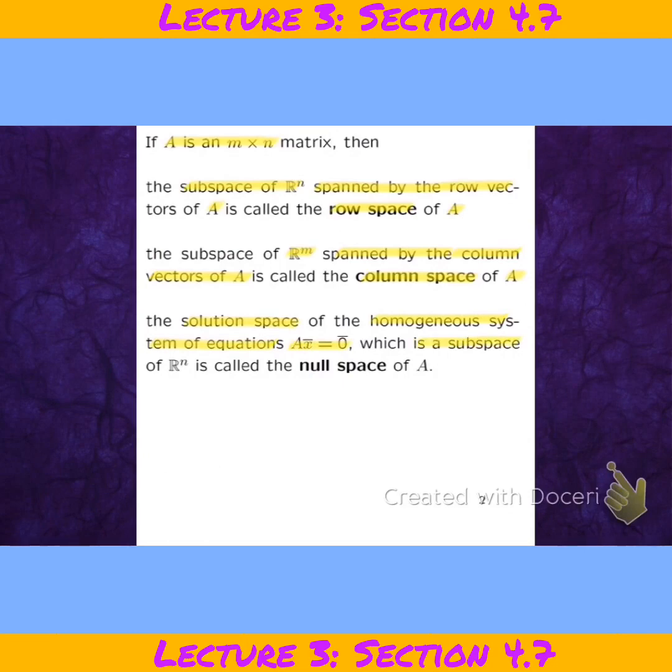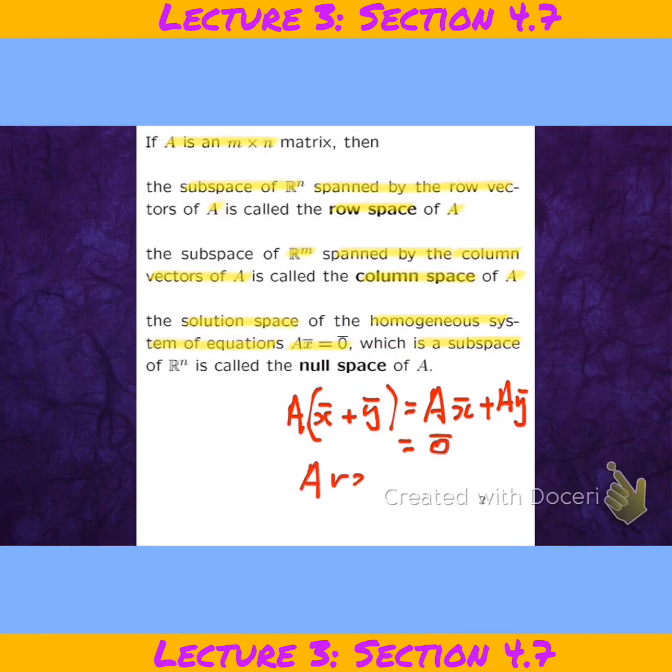Remember, we established that it's a subspace because if you take any two solutions to the homogeneous linear system and sum them together, you get A x bar plus A y bar, and that's just going to be the zero vector. Also, any scalar multiple of a solution is also a solution to the homogeneous linear system. That is according to our vector algebra, and that is just the zero vector.